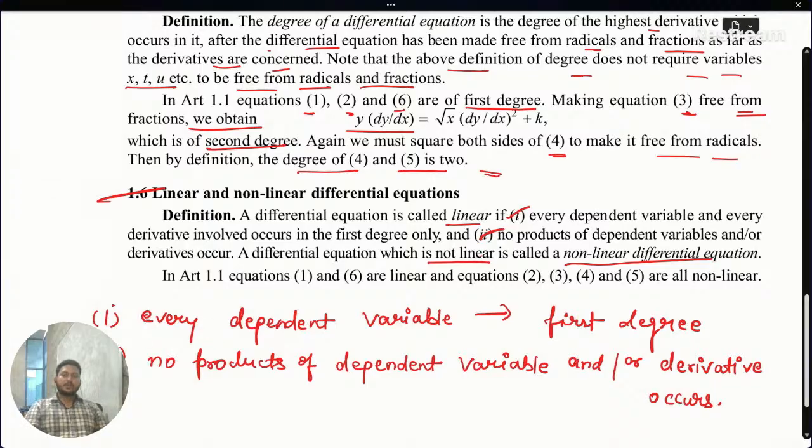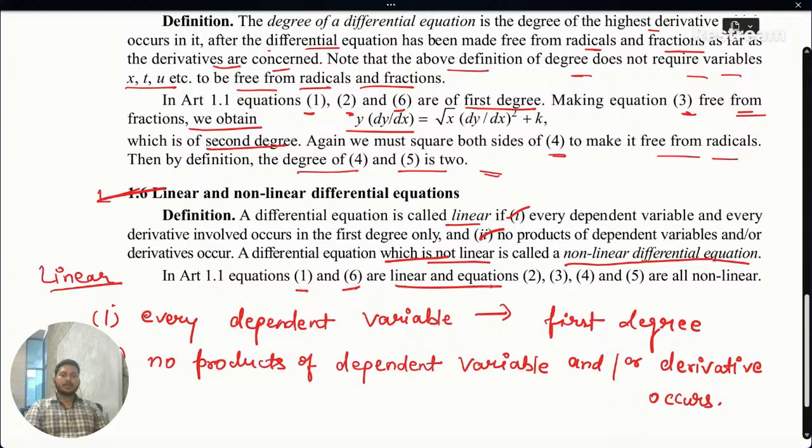First one is that every dependent variable and its derivative is involved in first degree only. And second, no product of dependent variable and/or derivative occurs. These are the basic ideas for finding a linear differential equation. A differential equation which is not linear is called non-linear. Here are the equations.